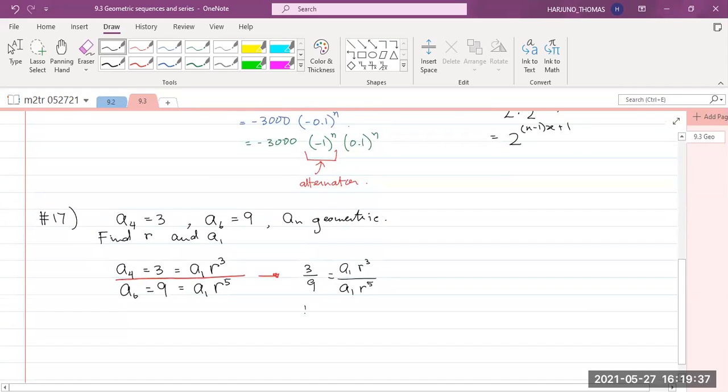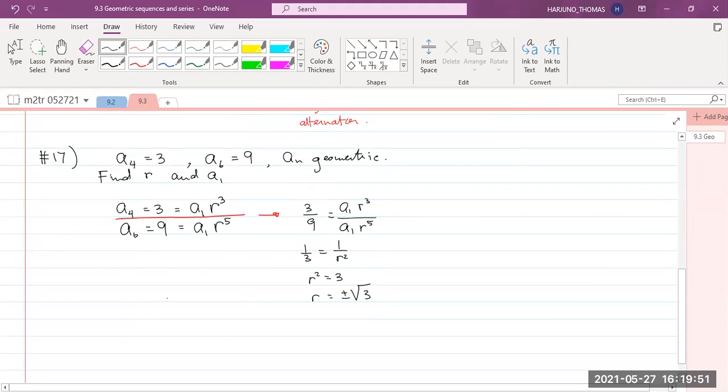So basically, it becomes 3 over 9 equals the first term times R cubed over the first term times R to the fifth. 1/3 equals 1 over R squared. So R squared equals 3, and R equals plus or minus square root of 3. There are two possibilities. Let's call R1 equals radical 3, R2 equals negative radical 3. For R1 equals radical 3, what is the first term? The fourth term, which is 3, equals the first term times radical 3 cubed.